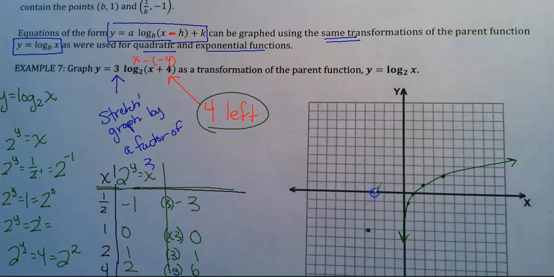Then I've got my 1 times 3 is 3, so here I'm going to go up to 3, and now I'm going to move it left 4. And then the next point is (4, 6). I've stretched it, so 4, then up to 6, and I need to move it left 4.